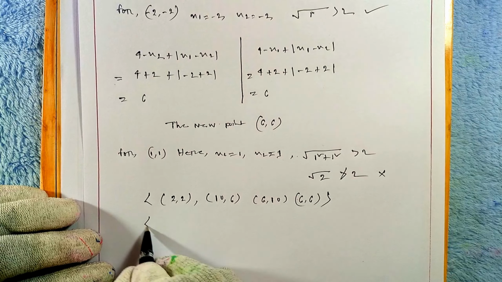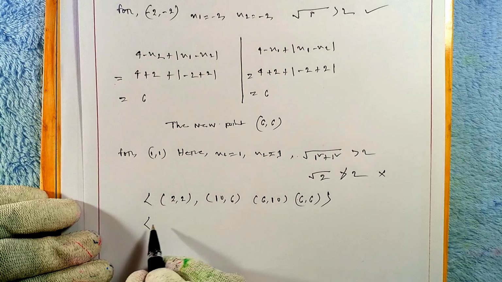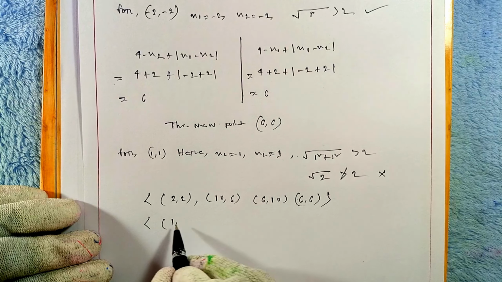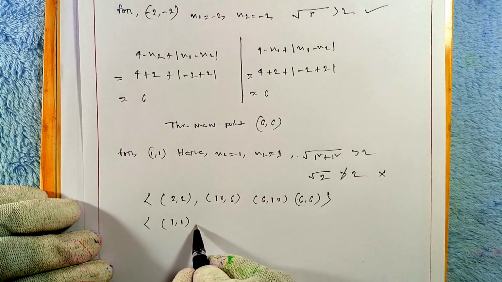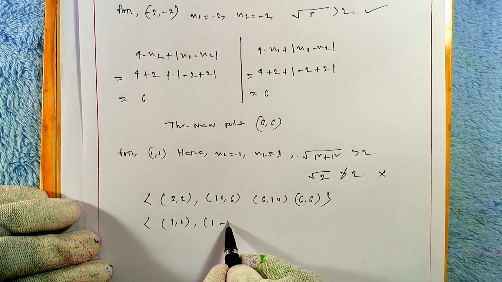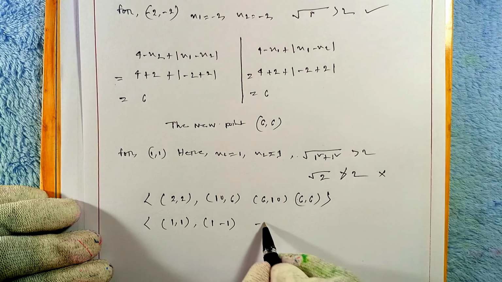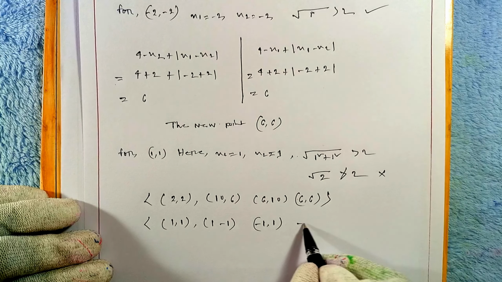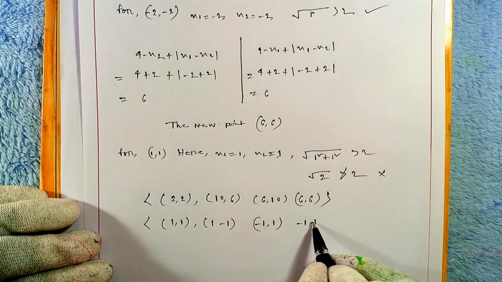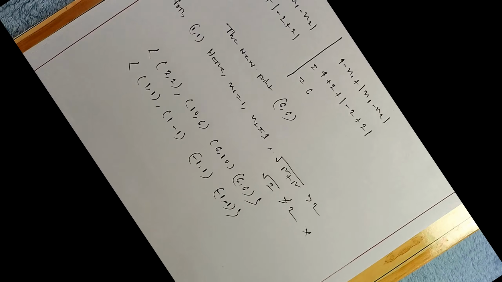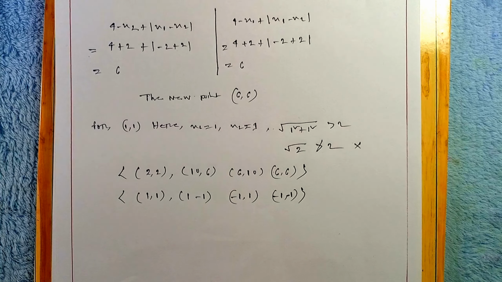And negative will be the same because its condition is not satisfied. So negative data points are 1 1, 1 minus 1, minus 1 1, minus 1 minus 1. So we already have our new data points, so we can draw the hyperplane right now.